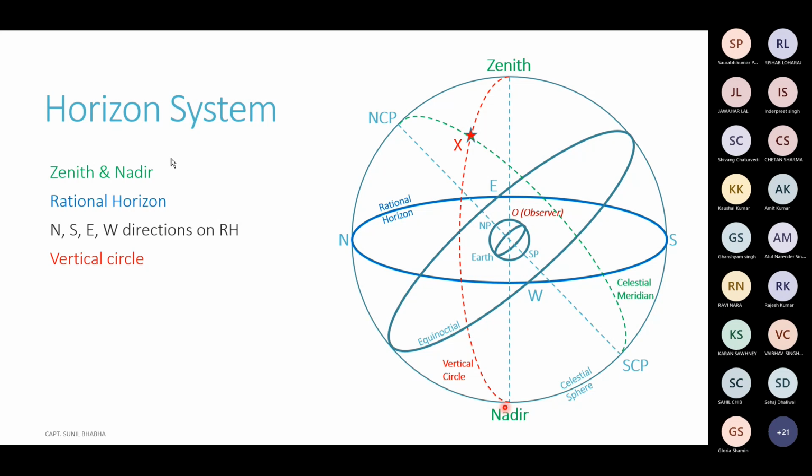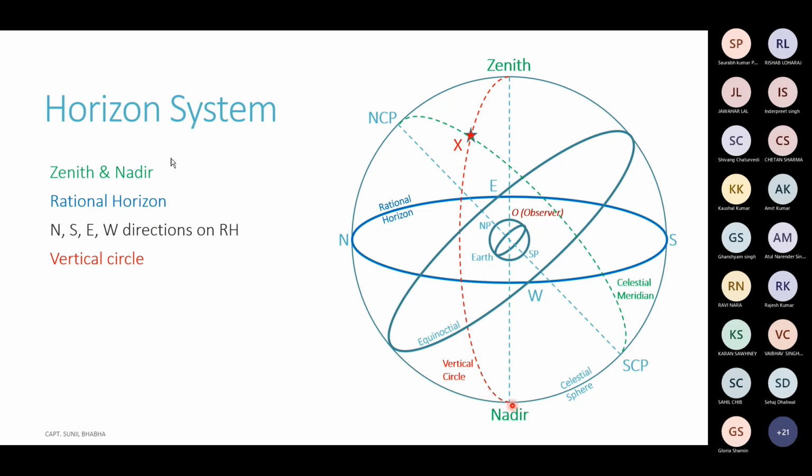Now, zenith and nadir being diametrically opposite points, an infinite number of vertical circles can pass through them. What we are interested in is the vertical circle passing through the celestial body. So in this particular case, when we have a celestial body, that is this red color star X, the vertical circle passing through this body is this red color semi-great circle.